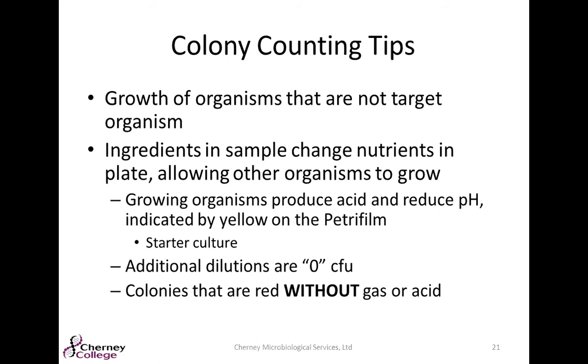So you'll see that yellowing in that 10 dilution, but as you dilute it out further, you're taking away the nutrients that were helping those other non-typical organisms grow, and you won't see anything on the 100 or the 1,000 plate. So that's something that can happen as well. You want to make sure that you are not counting colonies that are atypical. Only count colonies that have that red appearance with the gas or with the acid or with both.